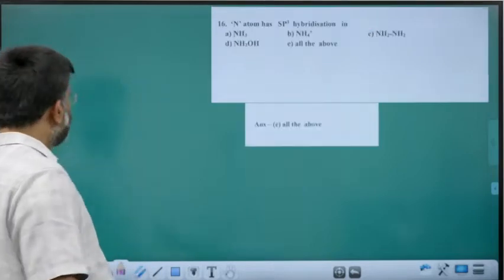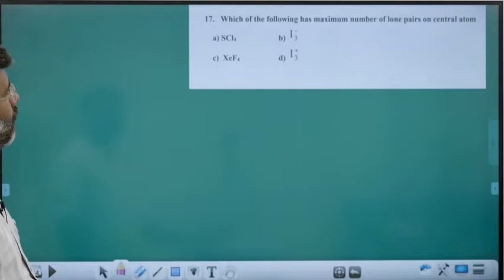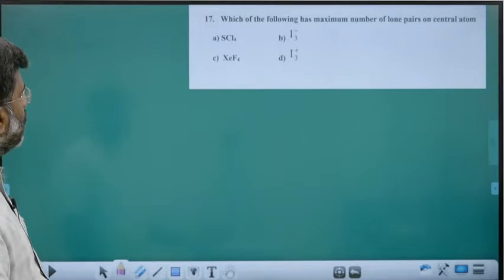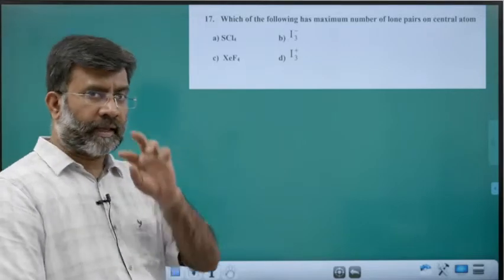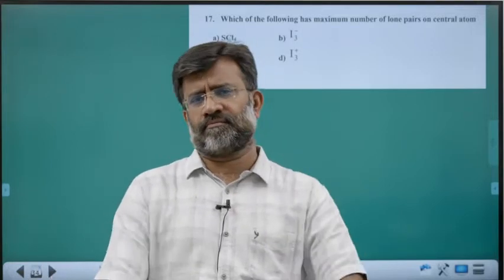Next. Maximum number of lone pairs on central atom. SCl4, we worked out earlier. SeCl4 and SCl4 are the same.